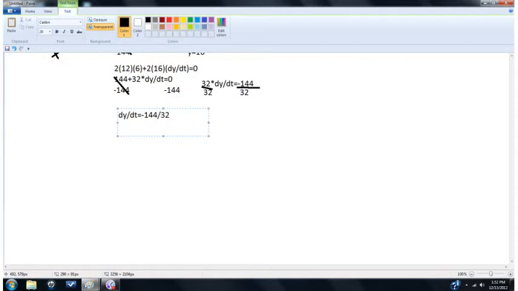We can simplify that into negative 9 over 2.